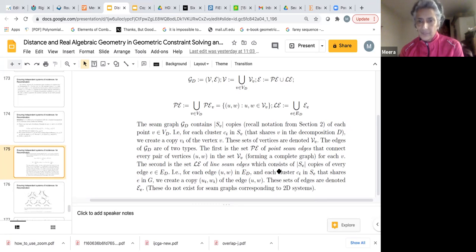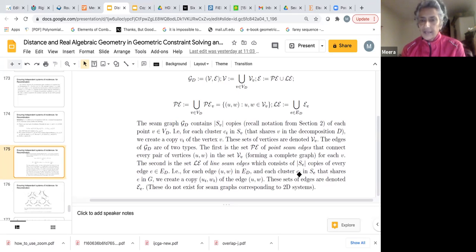So it consists of S_E copies. S_E, remember, is the set of all clusters that share a given edge E. For each edge and each cluster that shares it, we create a copy of that edge. So you have one copy of all the common vertices, one for each of the clusters, and one copy of the shared edges for each of the clusters that contains it. So that's essentially what we call the seam graph.